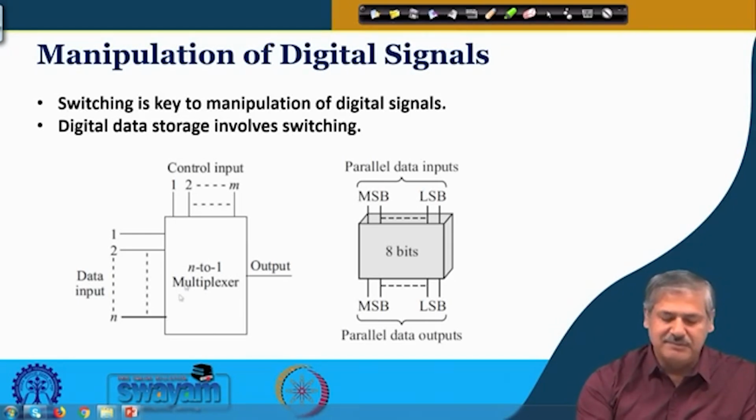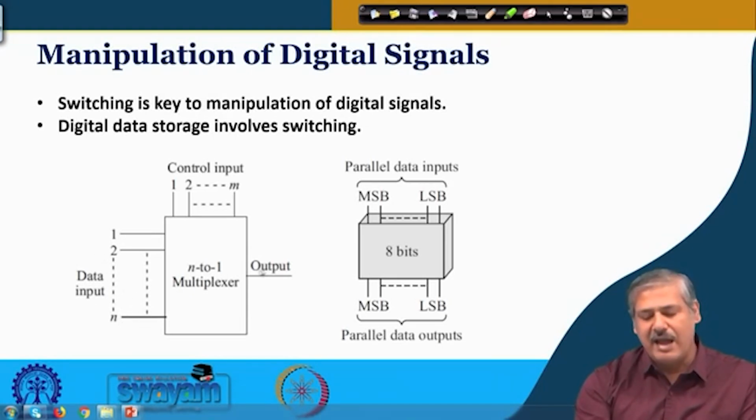This particular block takes any of the n inputs present at the input side and makes it available to the output. So, at a given time only one of the inputs will be available at the output.